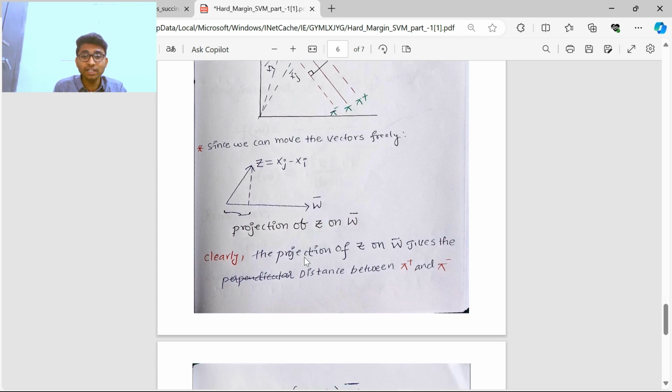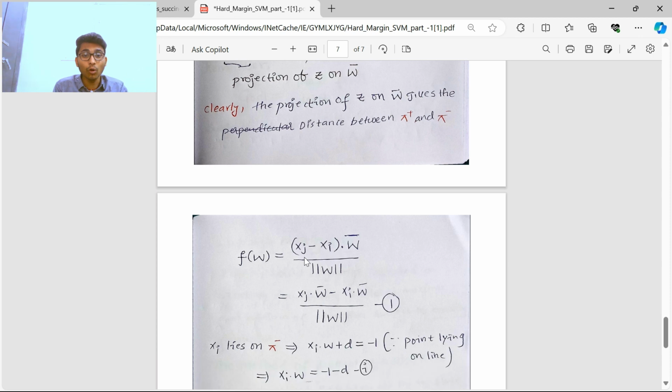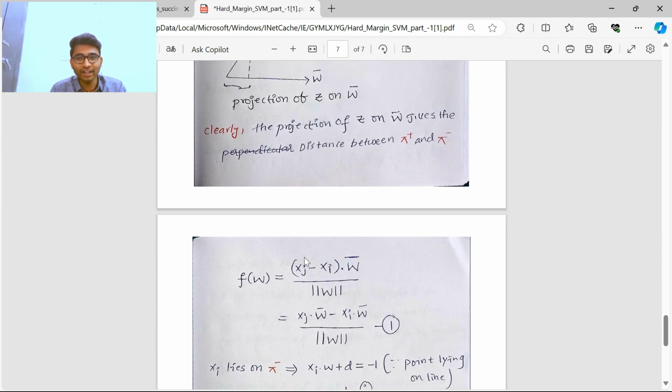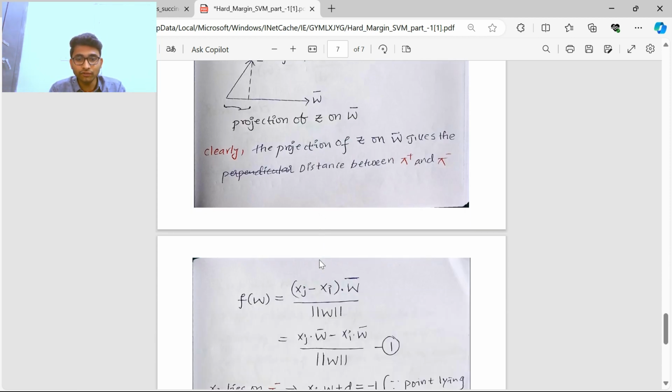Clearly, the projection of z on w gives the distance between pi minus and pi plus. Now, f of w is nothing but the projection. What is the projection of a on b? a bar dot b bar by modulus of b bar, right? In a similar way, the projection of z on w is z dot w by norm of w.